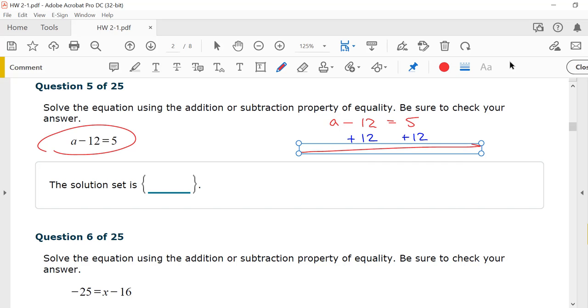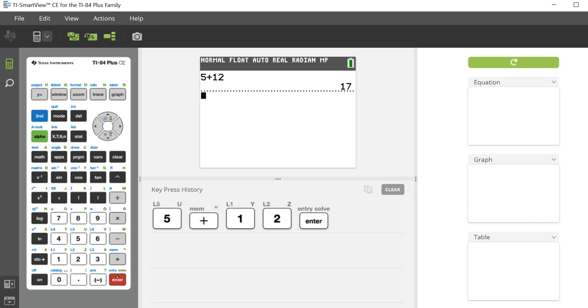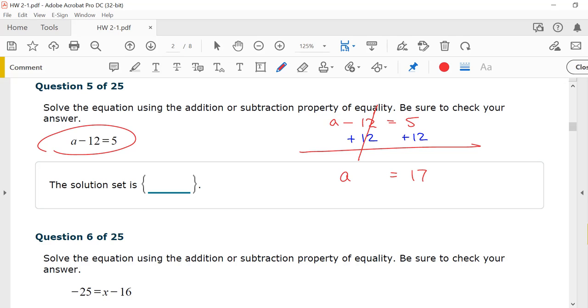When I do that, minus 12 plus 12 is 0, so all I have on the left is A, and on the right I have 5 plus 12, and if you have to use the calculator for those things, do it. 5 plus 12 is 17. So the solution set is 17. Now you're supposed to check it. If I plugged in 17 for A, what is 17 minus 12? It's 5. So yes, 17 is a solution to that equation.